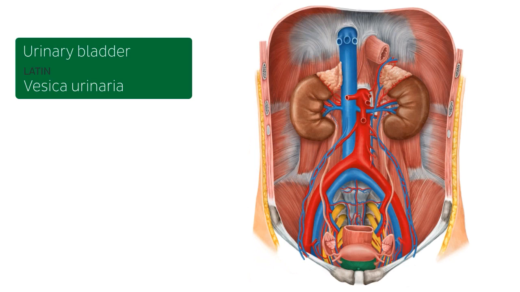The fundus or base of the bladder is formed by the posterior wall and contains what is known as the trigone of the bladder, which is where the outlet of the urethra is located.